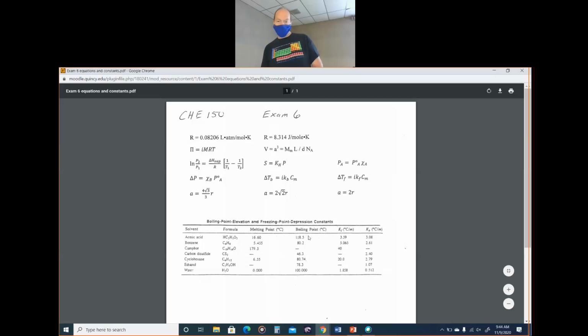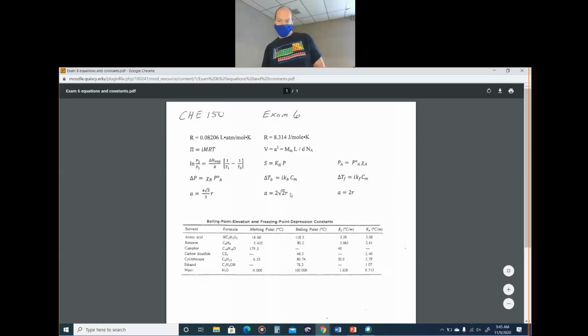Below here, you see the different melting points and boiling points and the constants for Kf and Kb. You've got your Henry's law constant there. And then my favorite equation is the cubic equation here, dealing with the simple, body-centered and face-centered cubic lattice. This is the length of a side; this one is simple, and you've got your body-centered and your face-centered.